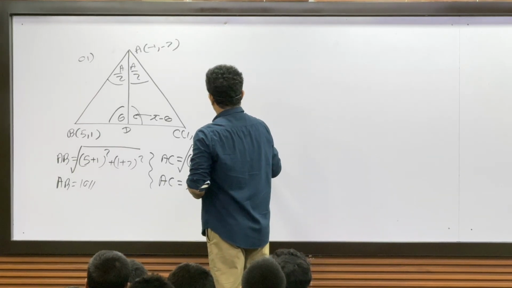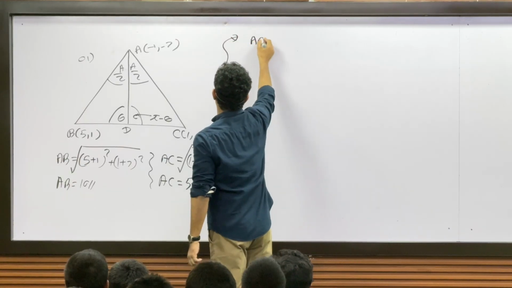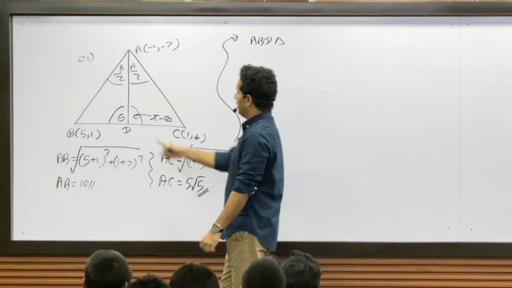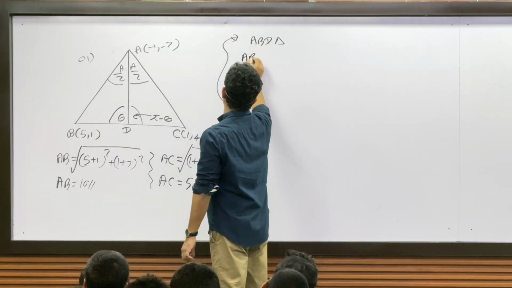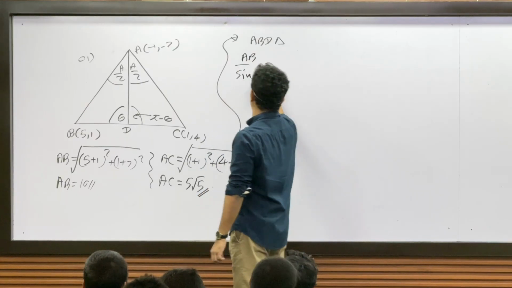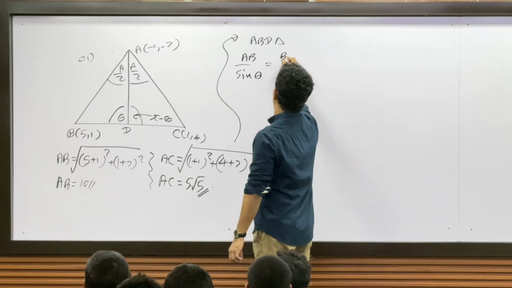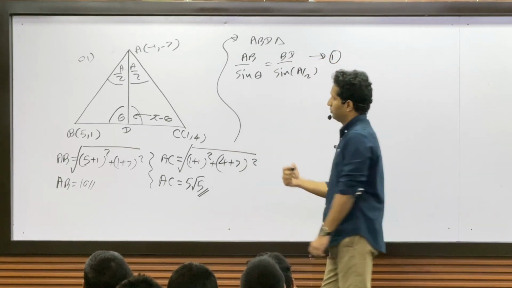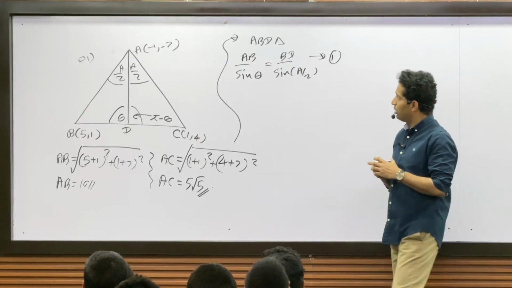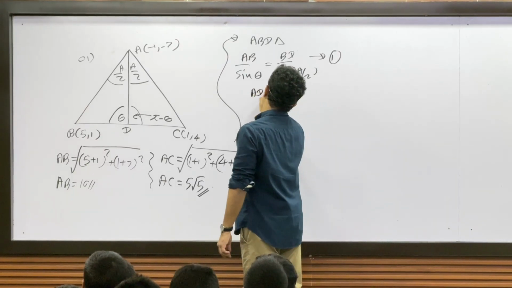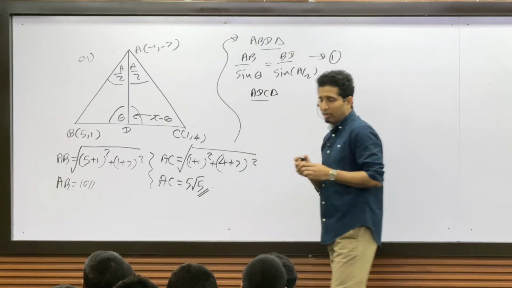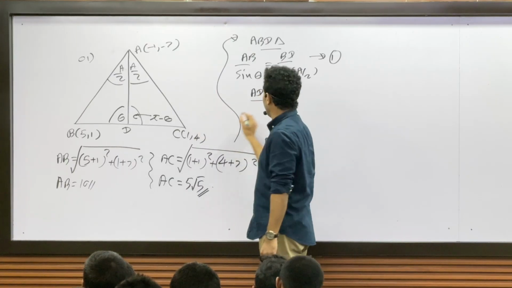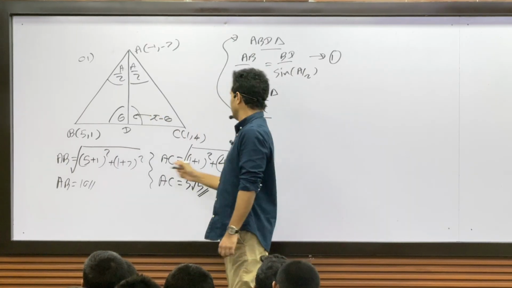You can apply the sine rule for triangle ABD. AB divided by sine theta equals BD over sine A over 2. I will take this result as 1. And again we can apply the sine rule for triangle ADC.